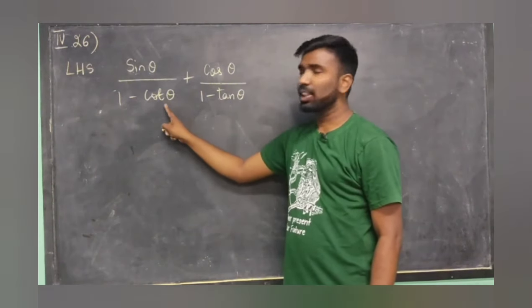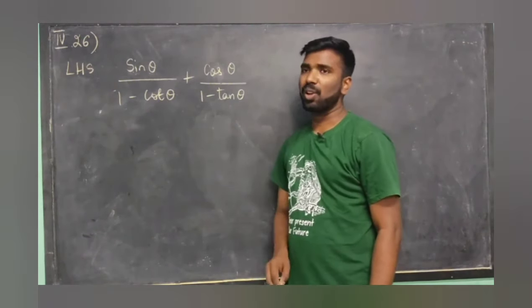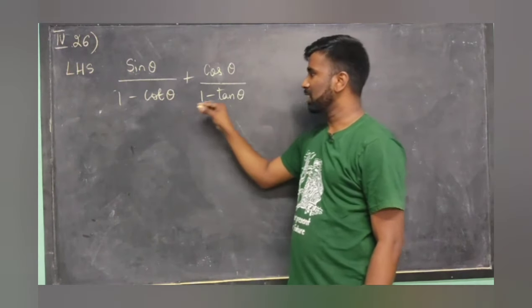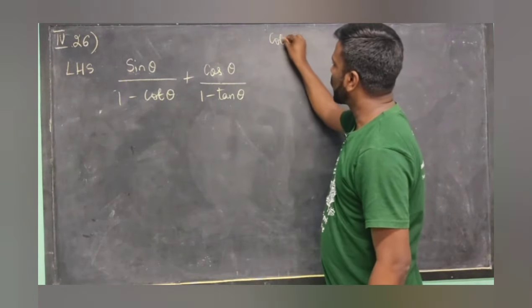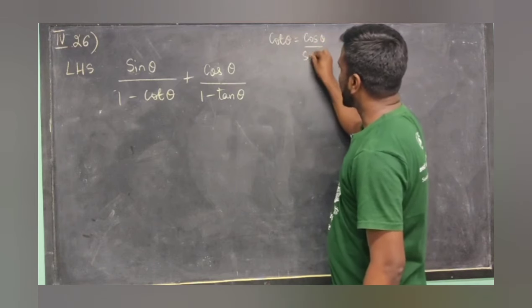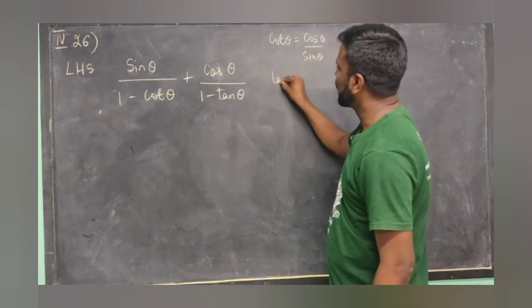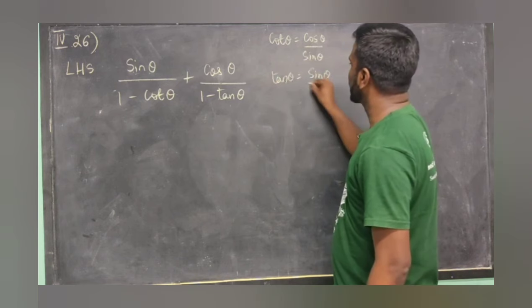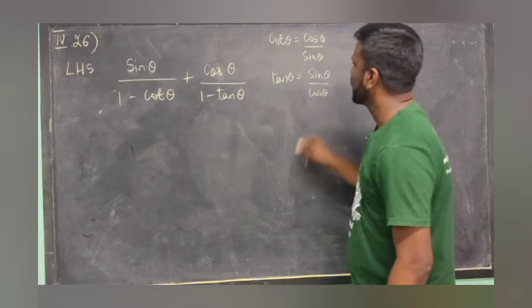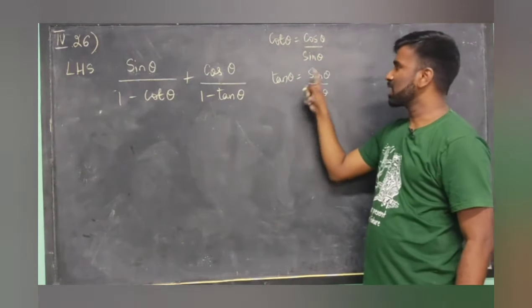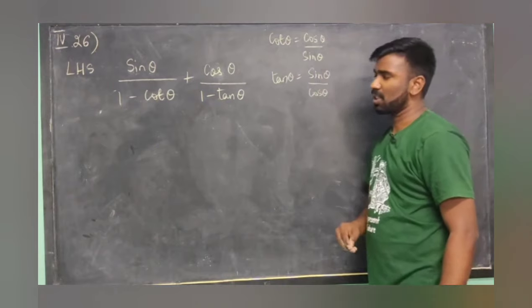Now you need to convert cot theta in terms of its ratio, cos theta divided by sin theta. In the same way, the ratio of tan theta equals sin theta by cos theta.